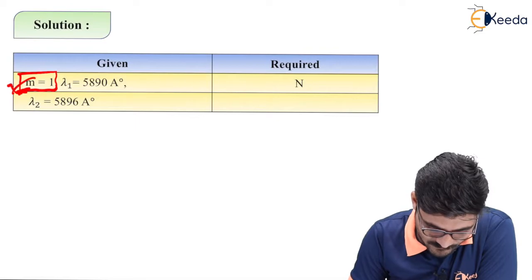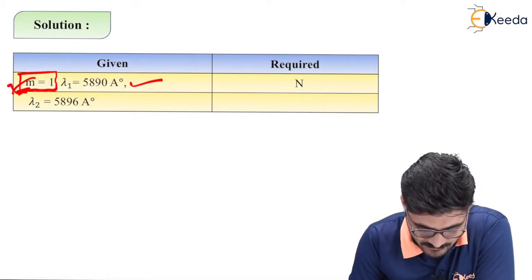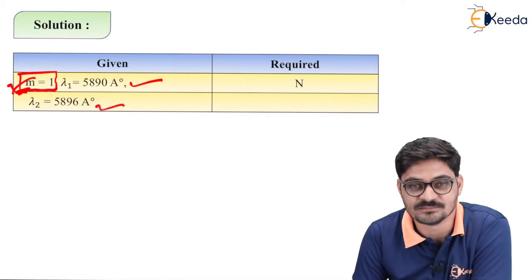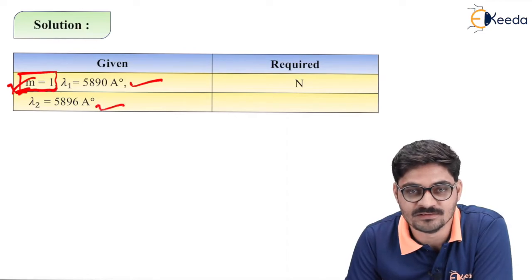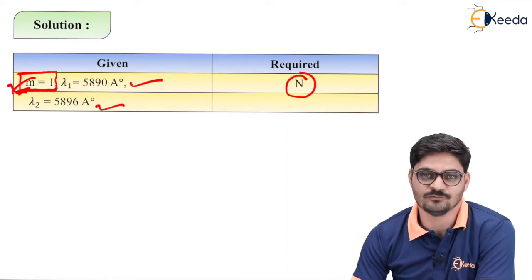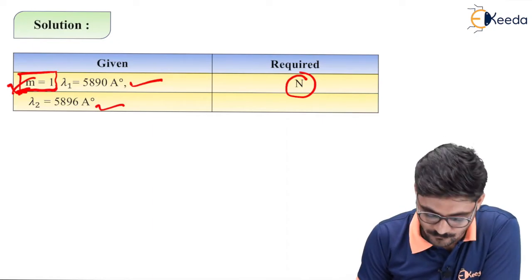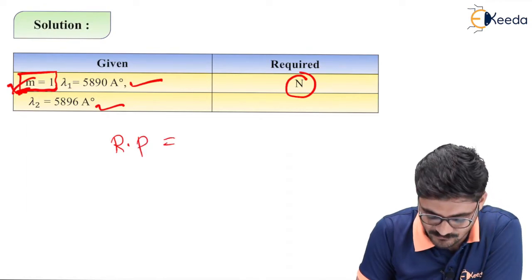So this is the first order, lambda 1 is 5890 Armstrong and lambda 2 is 5896 Armstrong. This is the difference of wavelength given, and we have to find its mean. And the number of lines to be drawn is asked for resolution. So we have the formula for resolving power, and what is that?